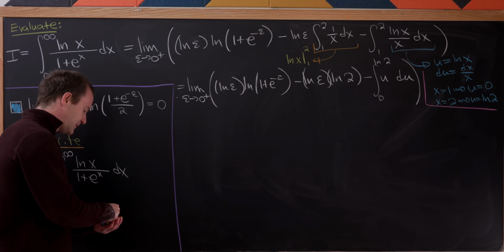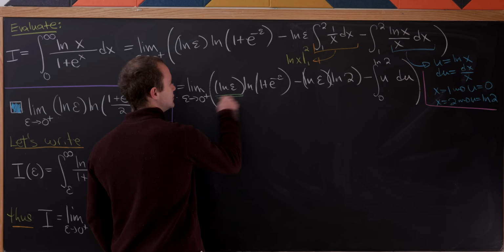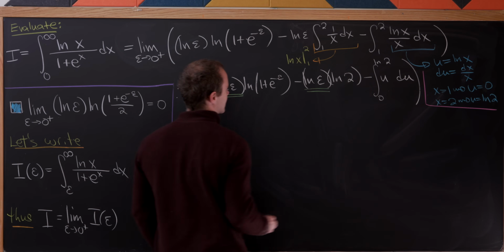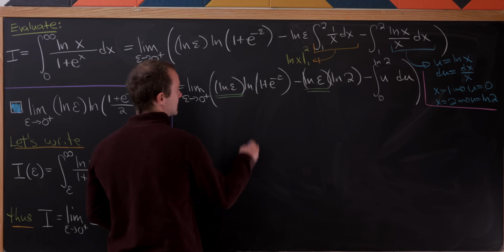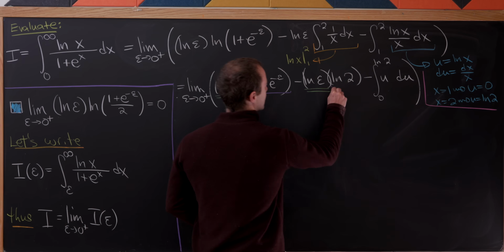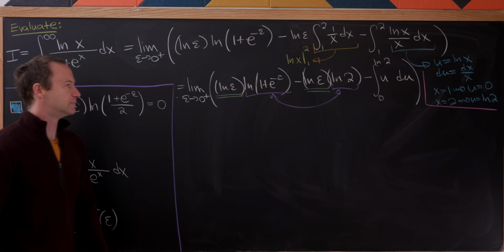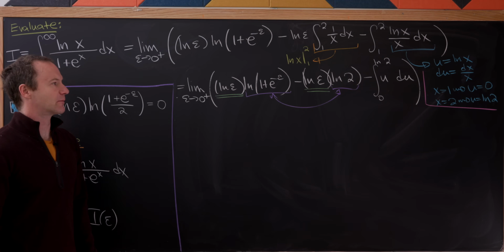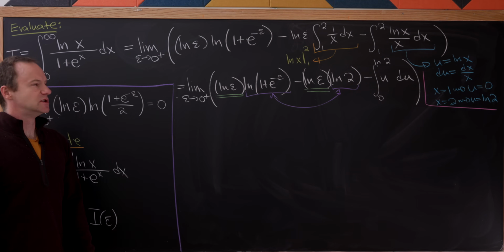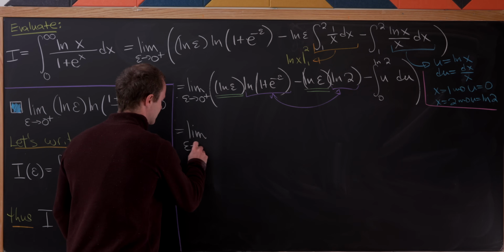Okay, so now let's peer into these first two terms. And notice these first two terms both have a natural log of epsilon. But not only do they have a natural log of epsilon, but they've got another natural log type term with a difference between them. That means we can factor out the natural log of epsilon and then combine the purple underlined things using logarithm rules. So finally we're changing some things.